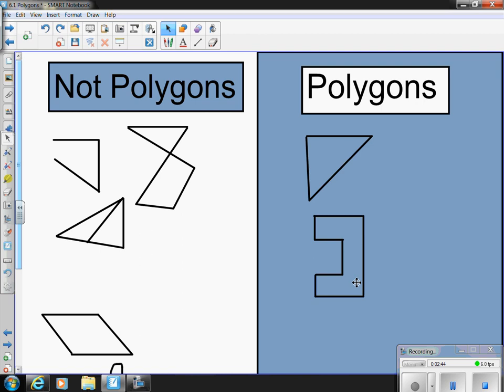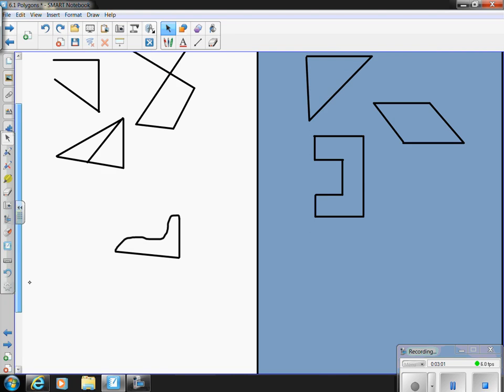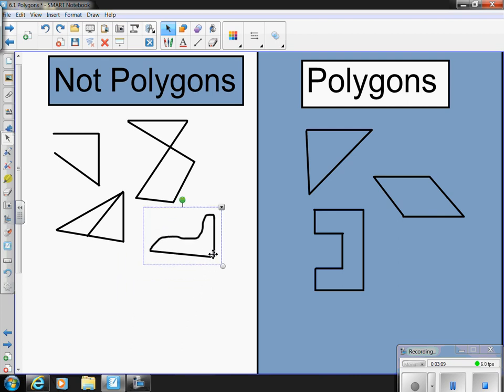It encloses an area, and at each endpoint there's a side. Here's another example of a polygon, and this figure I sketched myself is not a polygon because of the curved edge. It's not a polygon. They have to be line segments.